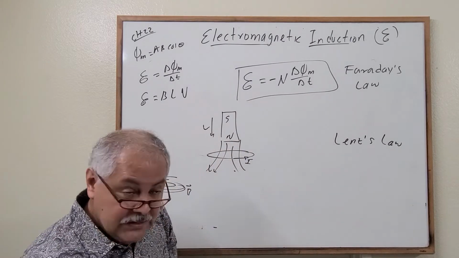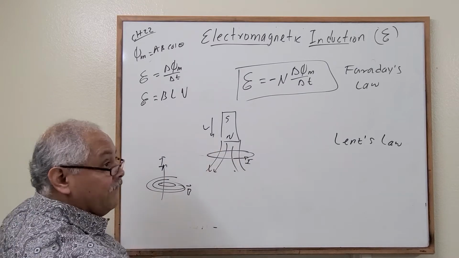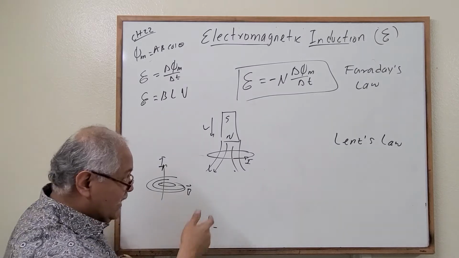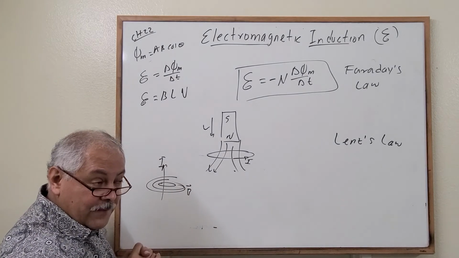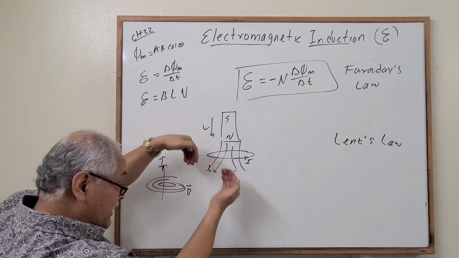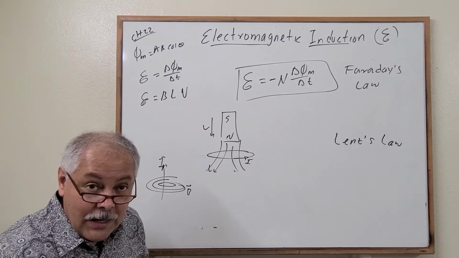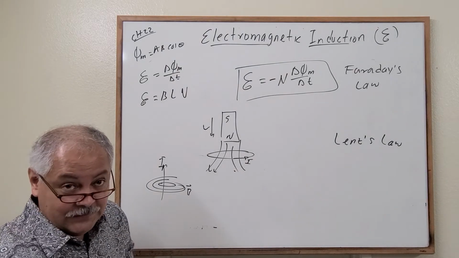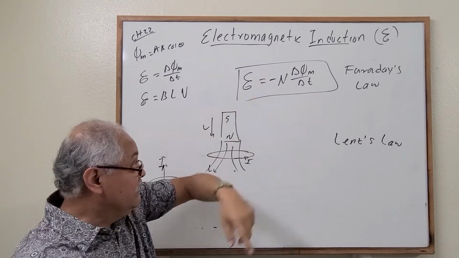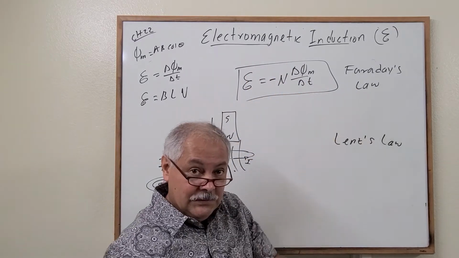And that is because the current induced because of a changing external field must be such that the magnetic field produced by the induced current is opposite in direction to the increasing, changing external magnetic field. And that is represented by this negative sign. And the whole thing is called Faraday's law.